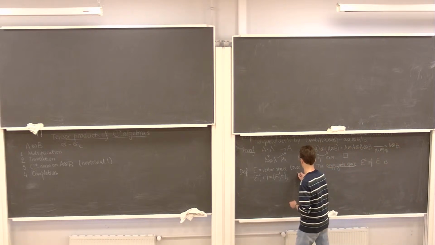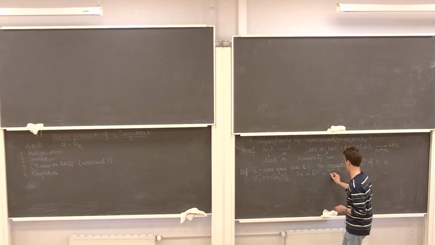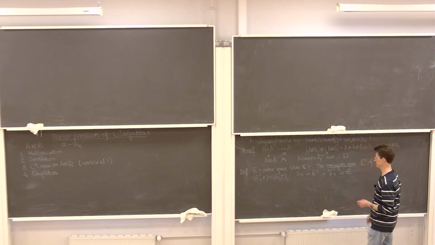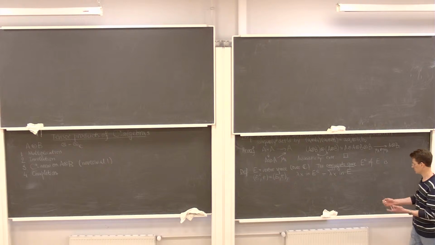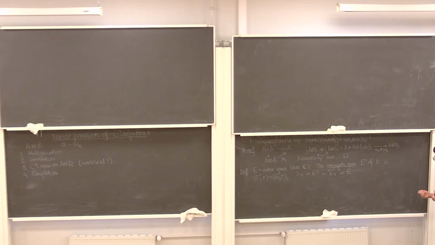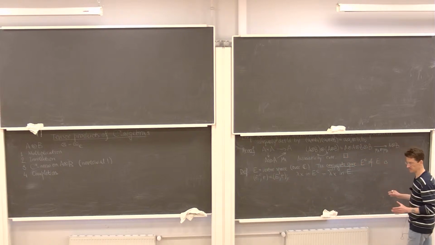If lambda is a complex number and x is an element of E^C, then the result of this operation in E^C is lambda bar, the complex conjugate of lambda, times x in E. So in other words, first we apply the complex conjugation and then act by lambda on x. So as a result, we get a new vector space. It's identical to E as an additive group, but as a vector space, it is different.